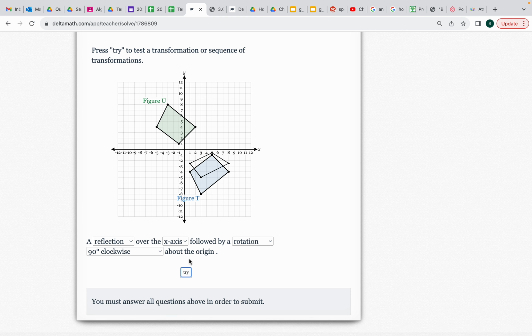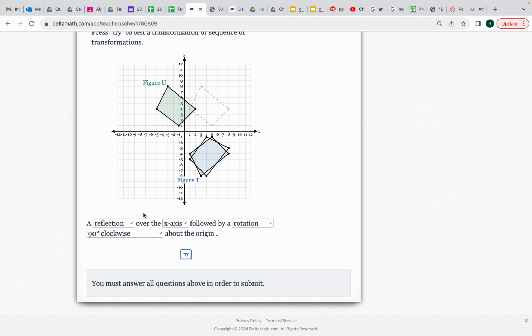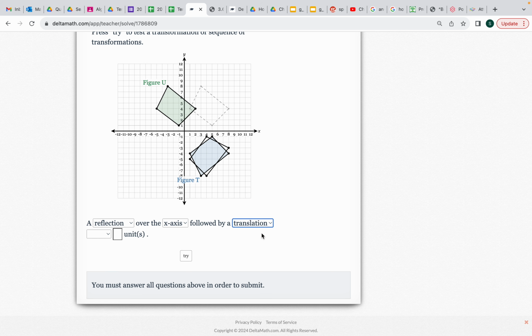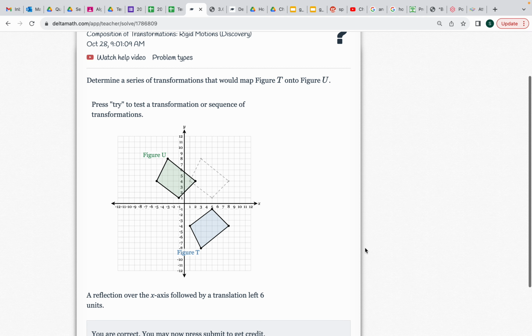I hit try, it's going to move that figure, all right? And it's going to show you what you just did, okay? Obviously that's wrong, so it's going to say it's wrong, all right? So then I noticed, okay, my reflection looked right, so let me try a translation left 6 units instead. Okay, let's try this. Okay. All right. Then when it says you're correct, you can hit submit answer.